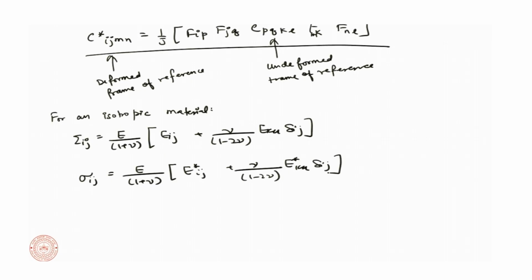Please remember one thing that we had talked about in last class is that these material properties like the elastic modulus or the Poisson's ratio or the other material properties like shear modulus and all, they are not dependent upon the frame of reference.